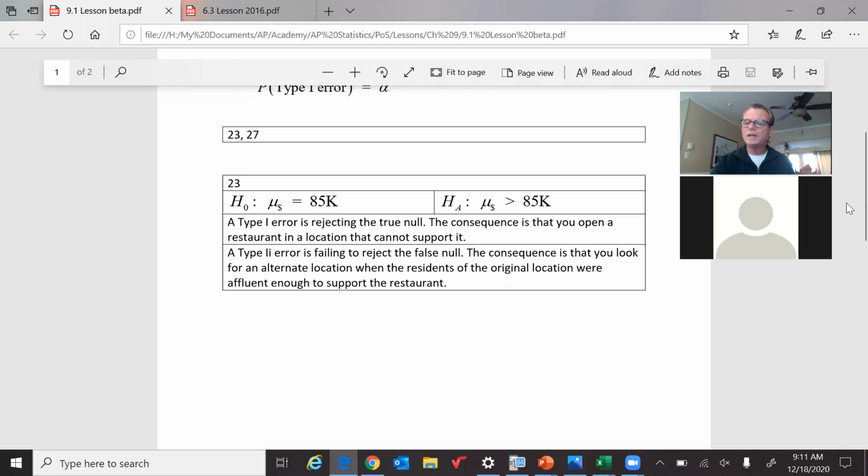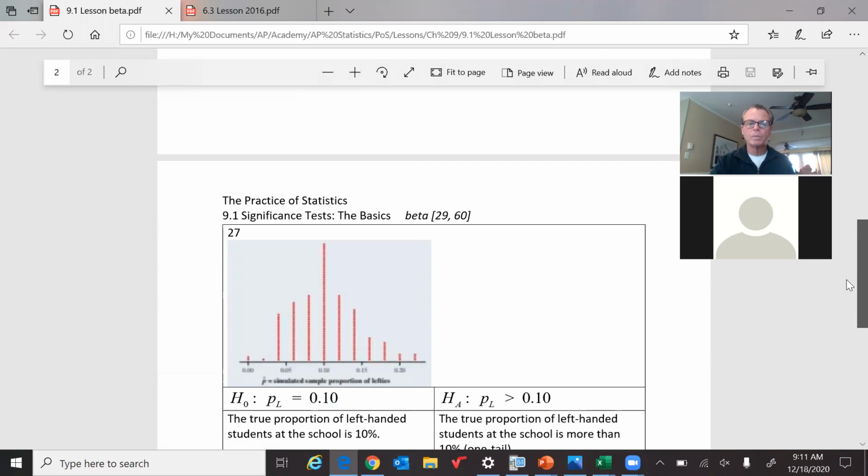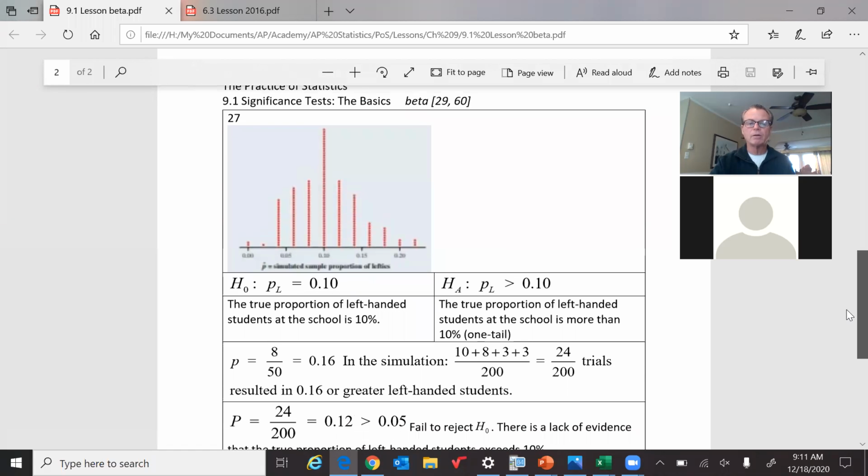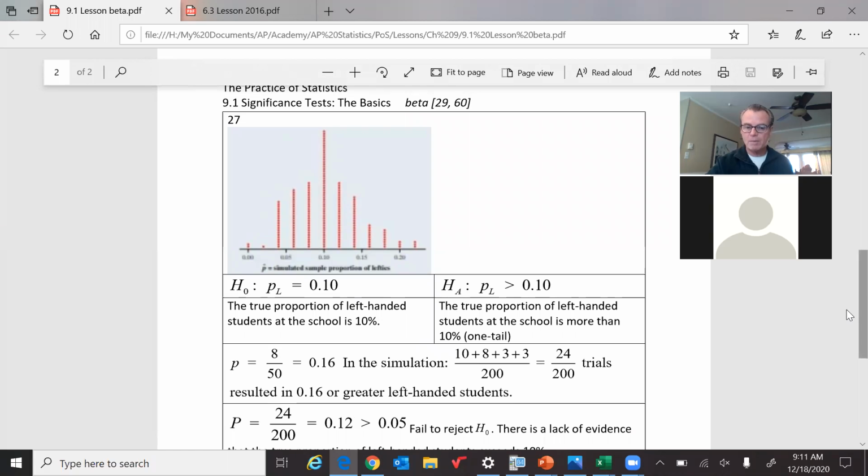Okay. 27. So we're talking about left-handers, okay? Now, the parameter is 10%. We're going to test that, and the alternate, it's a one-tail test that is greater than 10%.